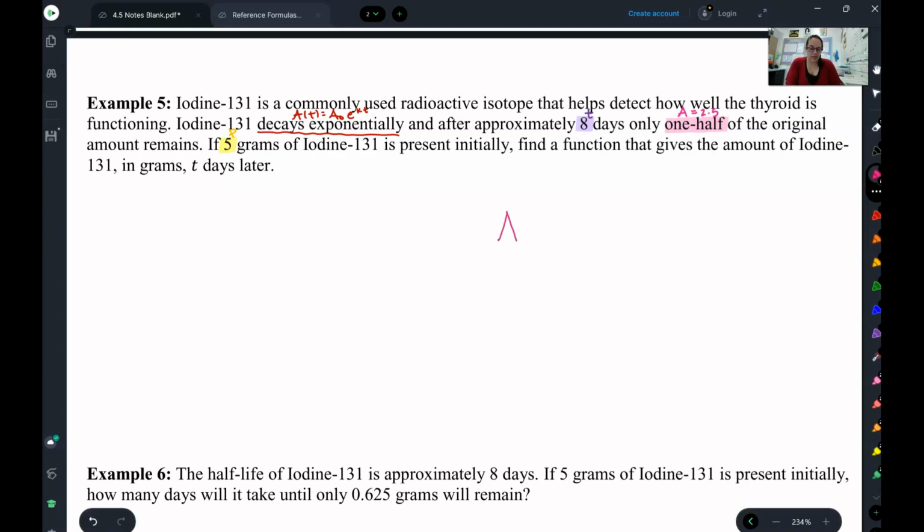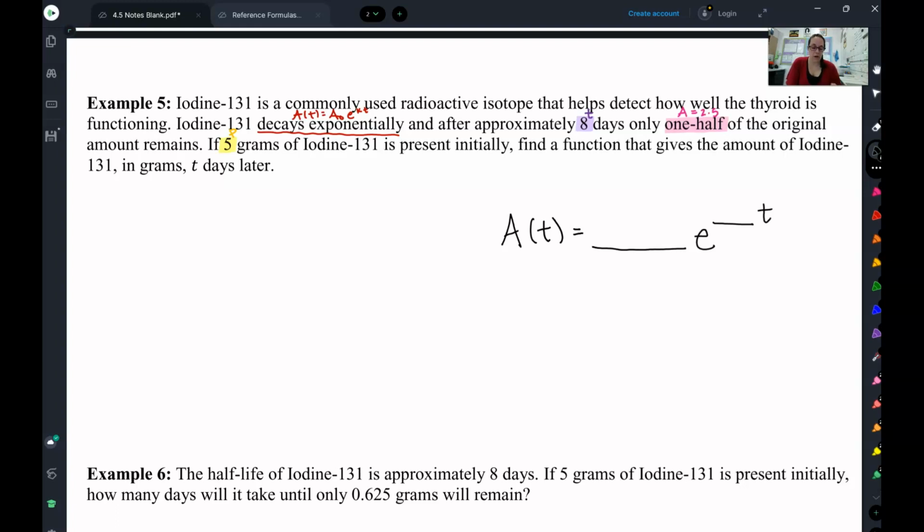So same thing as last time, this final answer should be a general formula, a general equation that lets me find however much of this iodine-131 is in the bloodstream at any point t. So at 5 days, at 10 days, at 20 days, I can plug any t in and find out how much of this iodine-131 is left.